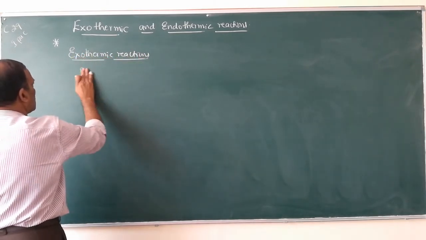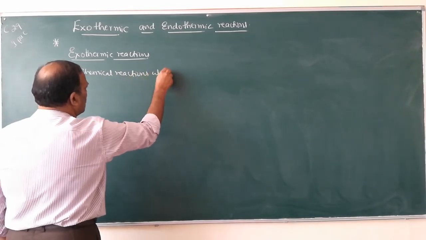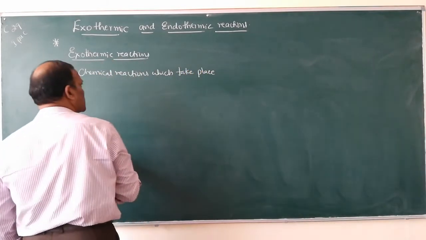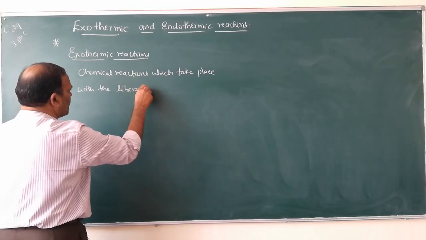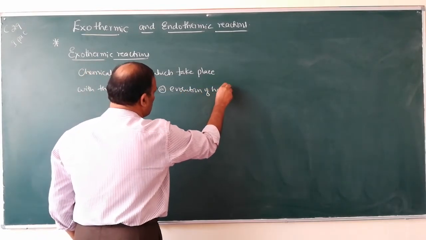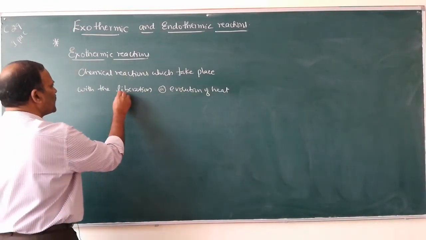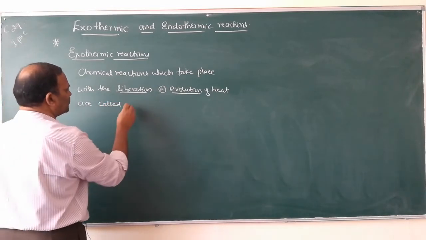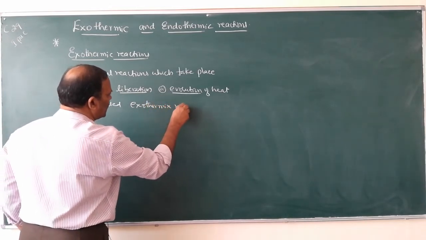Write down: chemical reactions which take place with the liberation of heat, or evolution of heat, are called exothermic reactions.